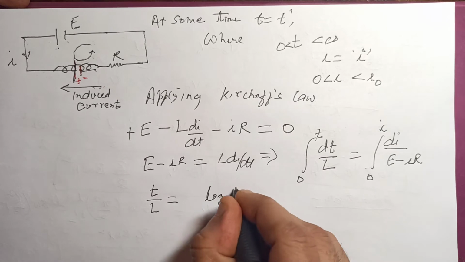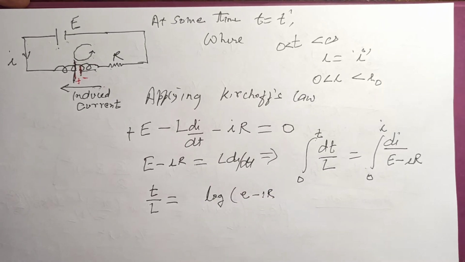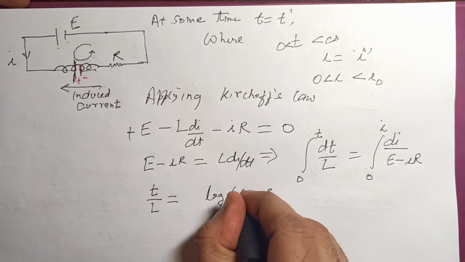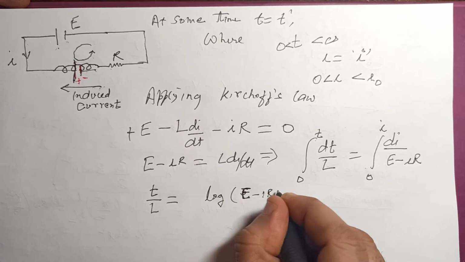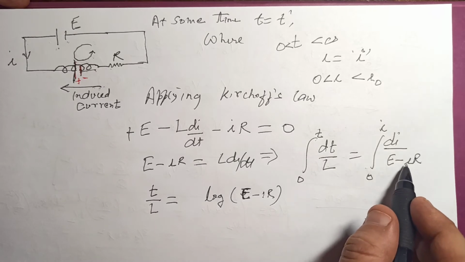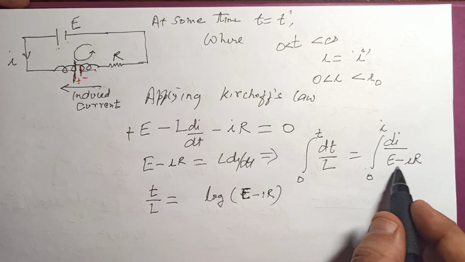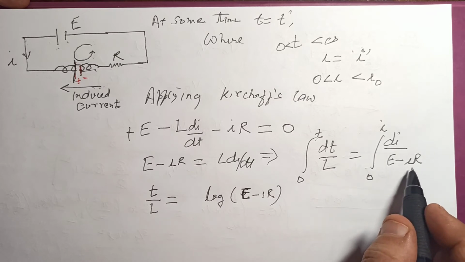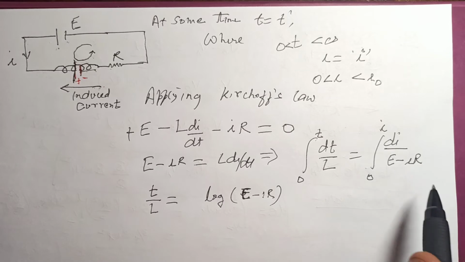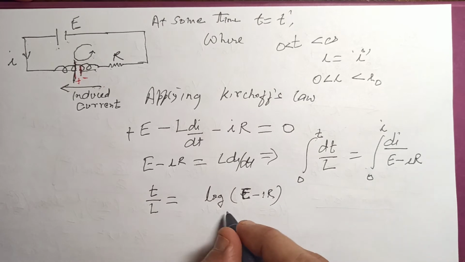If I integrate it, it becomes t by L is equal to, right, now integration of this would be log of E minus IR, or let me use capital E. Okay, E minus IR, and you have to integrate it further, because you must have learned in integration that if it's a linear term, then just differentiate it and divide by that.